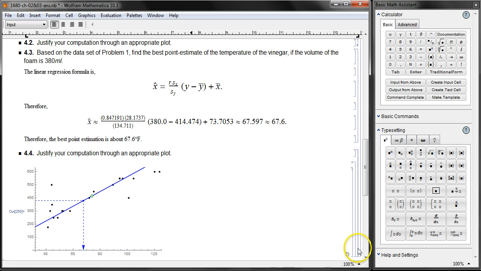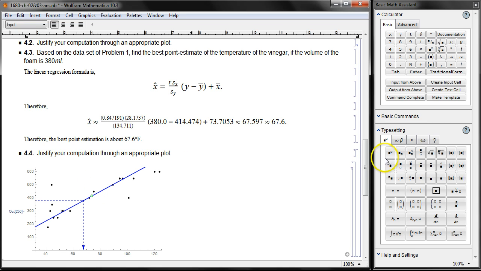Now, finally, this is a graphical justification. The blue line is the regression line when you're looking for the x value. Start from 380 and then move horizontally to hit the graph and go down and read your x-coordinate value. You're going to get 67.6.